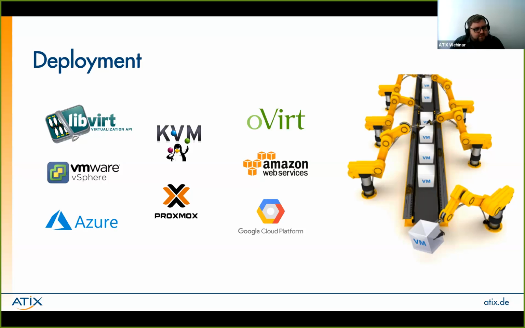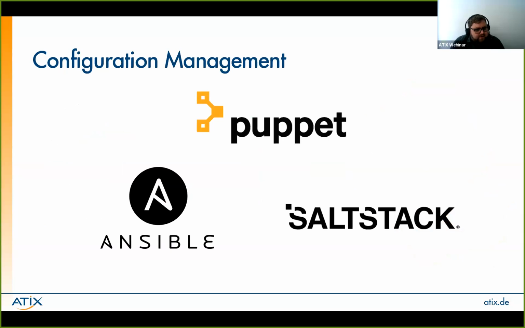Orcharhino can help you combine all these tools under its hood and do the deployment of your hosts for you. But of course, this is not only limited to the deployment of your hosts. This is also true for configuration management. For example, let's say you have a few web servers and you want to change the configuration of your web servers all at once.